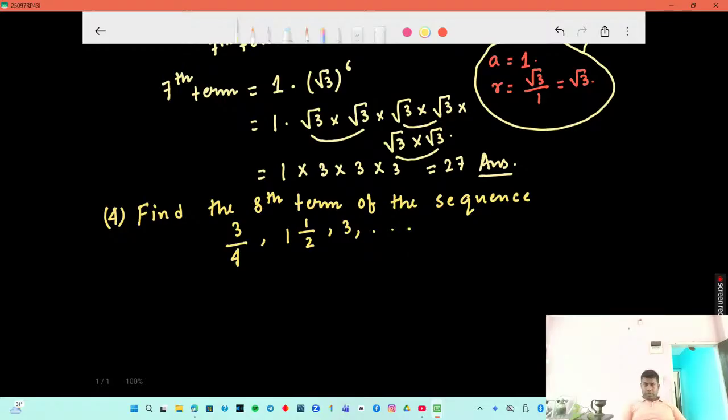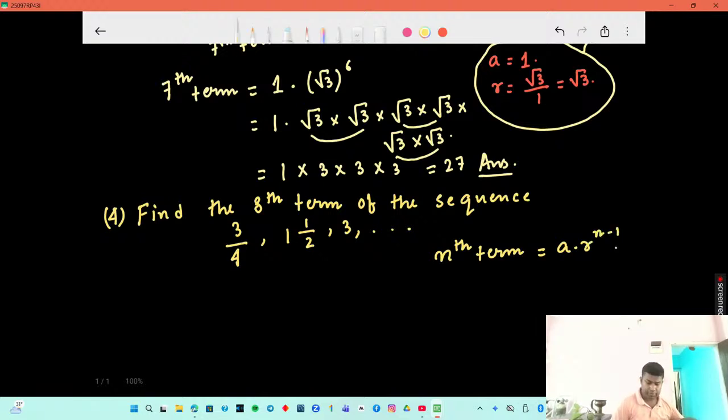We know the formula of the nth term of a GP. Is it clear to you? The formula for the nth term of GP is nth term equal to a into r to the power n minus 1.